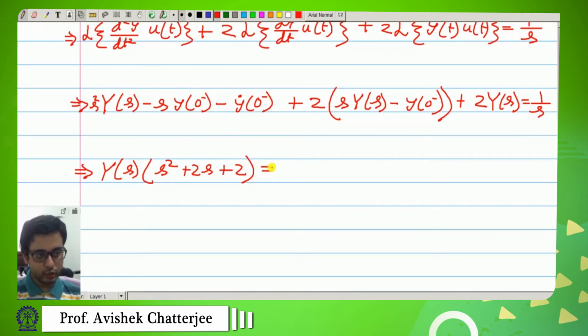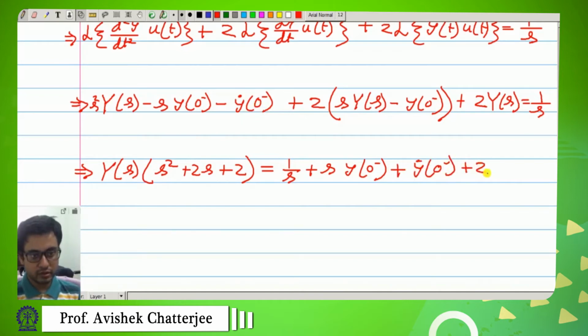So this is equal to 1 by s, then plus s y(0 minus), then minus that will be plus y dot 0 minus, then plus 2 y(0 minus), this one.